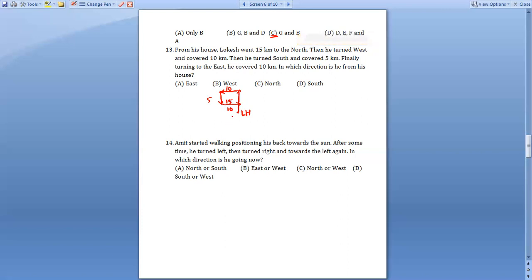Now the question is, in which direction is he from his house? So this is his current position. So this is his house. From his house, he is in north direction. So it is option C. Okay, so next, go to question number 14. Amit started walking, positioning his back towards the sun.